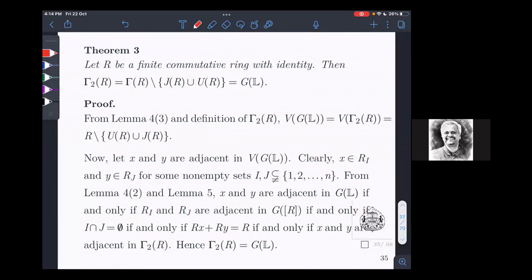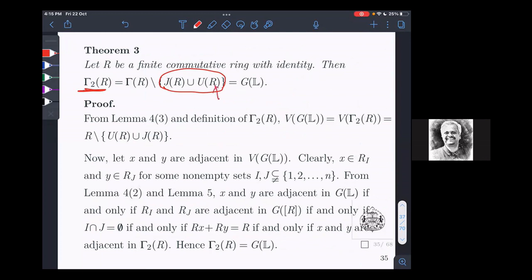Using this, we are able to prove that gamma 2 R, the co-maximal graph, means throwing out these two sets. As we observed while defining the co-maximal graph, any two elements you pick from U of R, that is the units, will generate the whole ring R, so they will be adjacent.